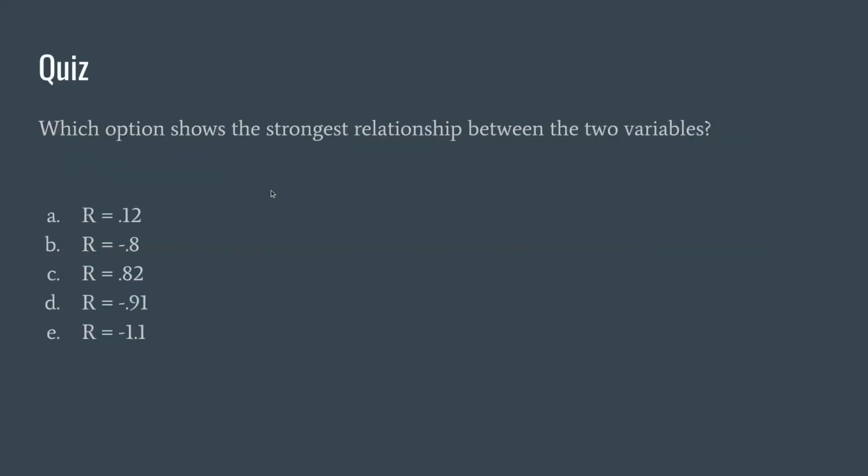So here's a mini quiz. Which option shows the strongest relationship between the two variables? A is 0.12, B is negative 0.8, C is 0.82, D is negative 0.91, E is negative 1.1.